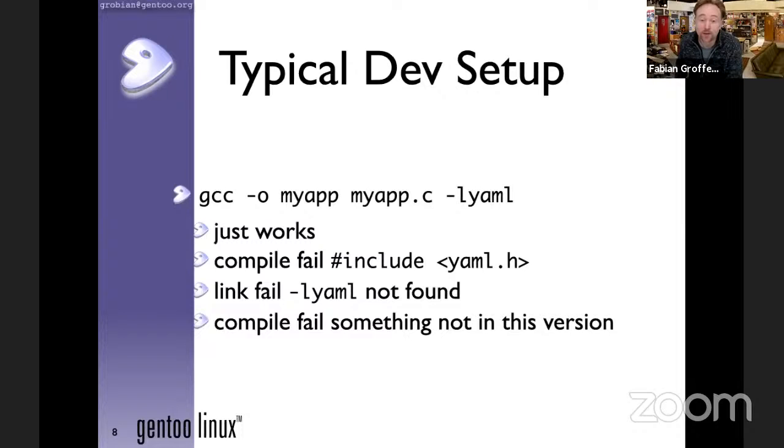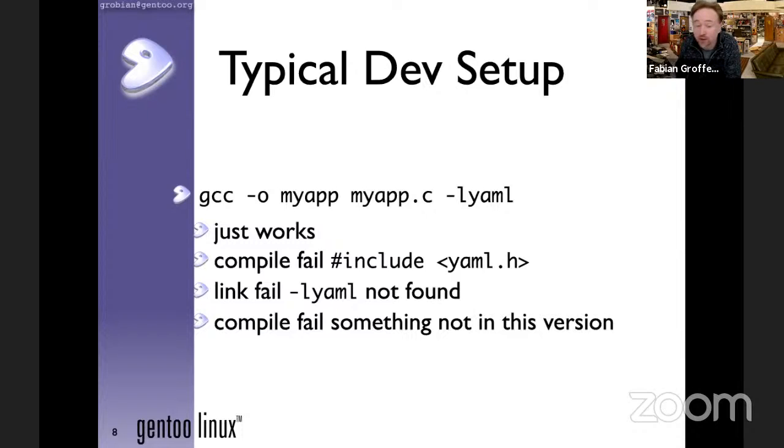This can work, because everything is right. This can fail because it cannot find the required include file because, well, either you did not install it or maybe it was not installed in a place where the compiler knows where to look. It can also fail because the linker is looking for the YAML library and it cannot find it for the same reason.